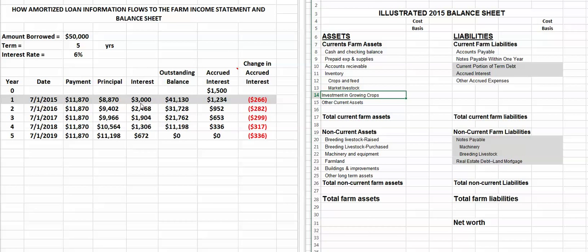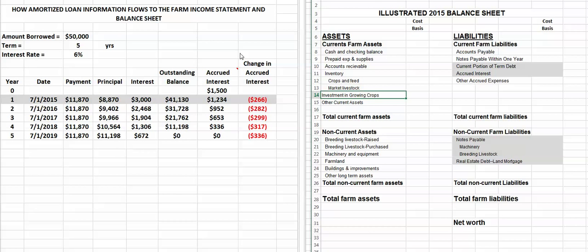When you start moving values from the amortization schedule over to the balance sheet, you would have to sum those numbers for each one of the term loans. So as I show you where numbers go, please remember, it's not just for one loan. You would have to go to every one of your term loans and sum that number in order to get the entry that goes on the balance sheet.